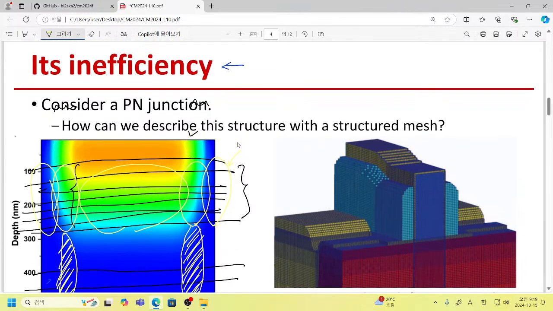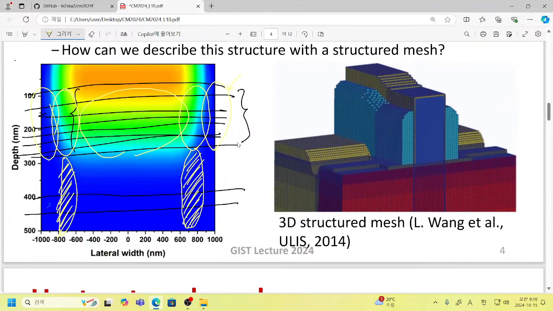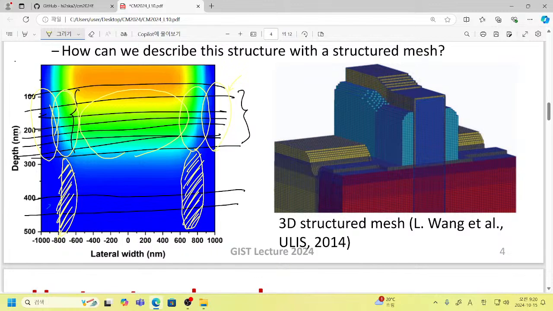So now you can understand, sometimes it can be a little bit inefficient, and if we go to this right figure, that shows quite clearly the problems of this structured mesh.